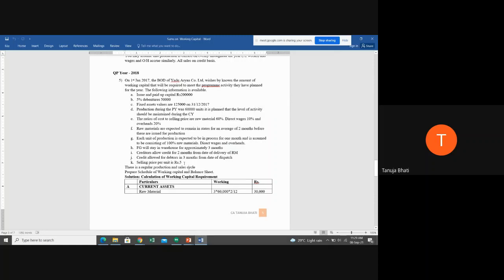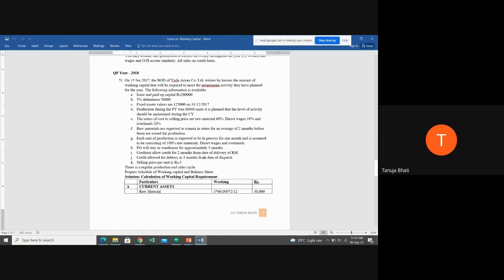Now what is selling price? 5. So what is the cost of direct wages? It will be 5 into 10%, which is 0.5. Now overhead is 20% of selling price. Selling price is given as rupees 5. So 5 into 20%, that is 1. 1 will be the cost of overheads.